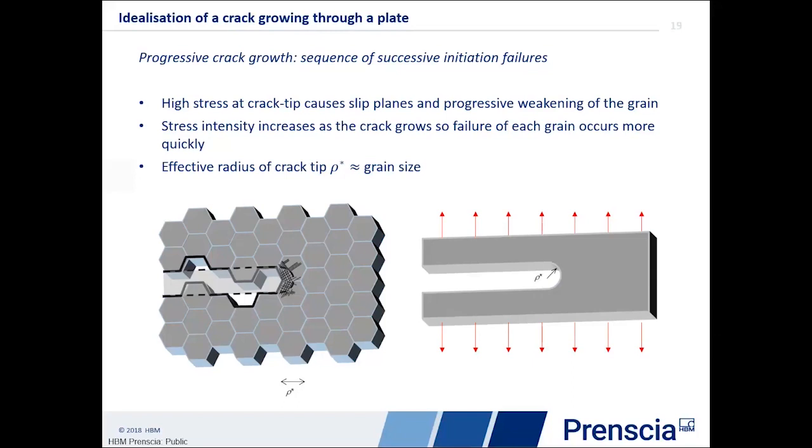The other thing this actually buys us is the starting point for this crack growth is actually a material property. Here it's called Rhostar, and Rhostar is almost the same size as the grain structure. So we now have a starting crack size that is well defined. That's not one of the issues that we have to overcome in using crack growth, trying to guess at what the initial crack size is.